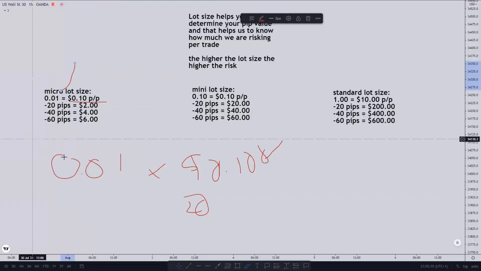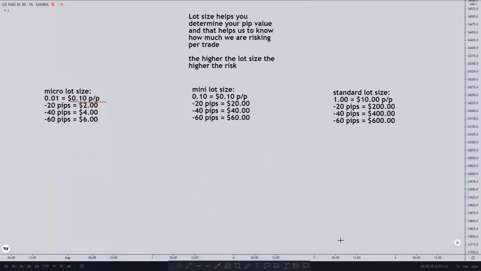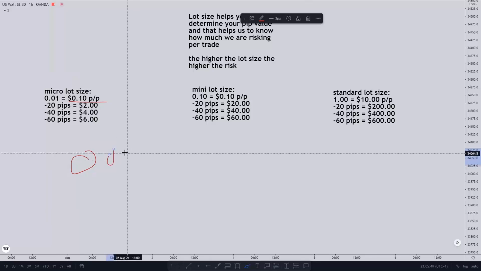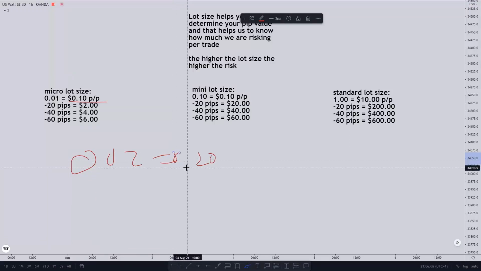So let's say you use a micro lot size now. We're still using micro lot size, and now it's going to be, let's say, 0.02, right? So that means our pip value is going to be 20 cents per pip, right?